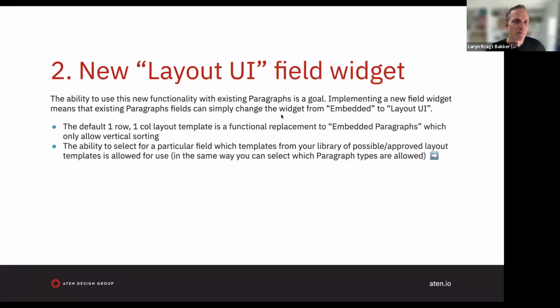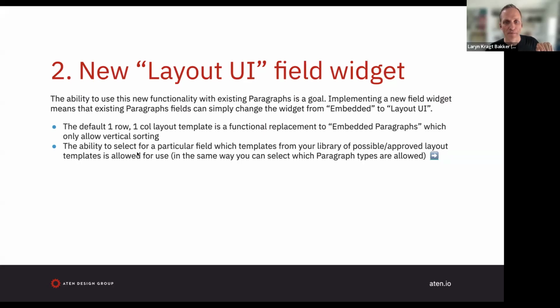The next step was to create a new field widget for the layout UI to allow people to select this widget for use. So you have some templates in your library, and now we have a field widget that you can choose. As I mentioned, the default one row, one column is a functional replacement for embedded paragraphs, if you want to do it that way.